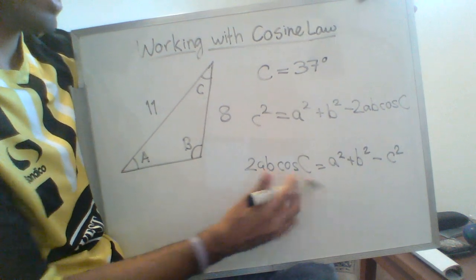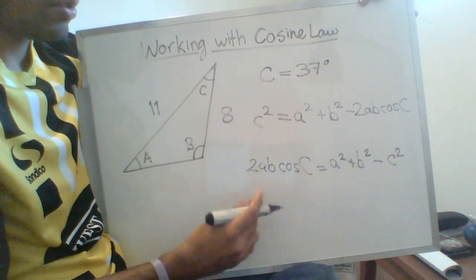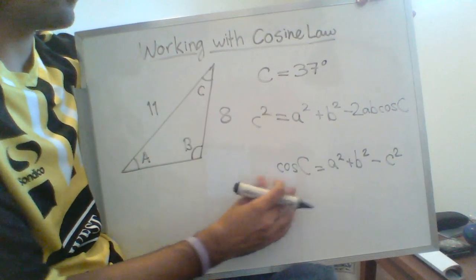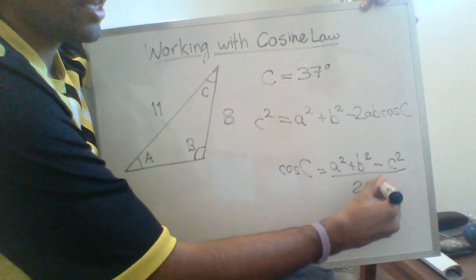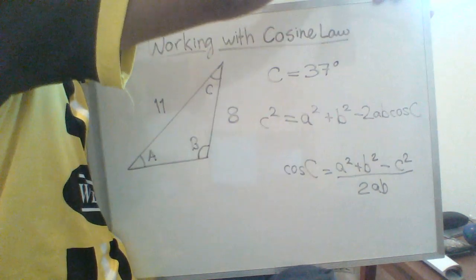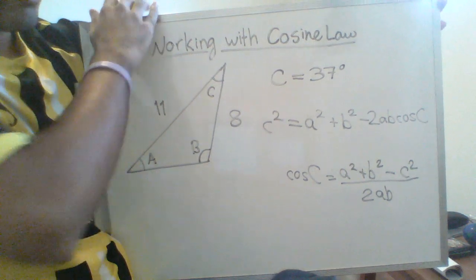And then to solve for the angle itself, you just divide both sides by 2ab. So to get rid of the 2ab, you divide both sides by it, and it disappears from the left side, and you're just left with a denominator of 2ab on the right side. Okay, so those are the two different forms of cosine law.